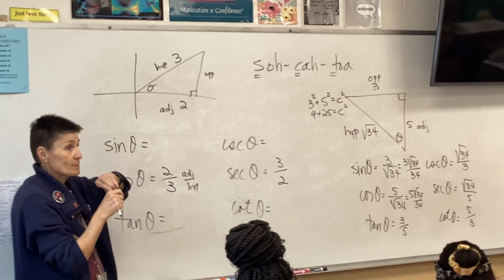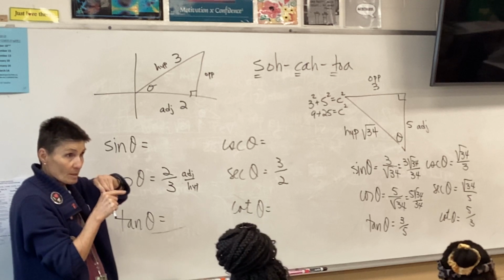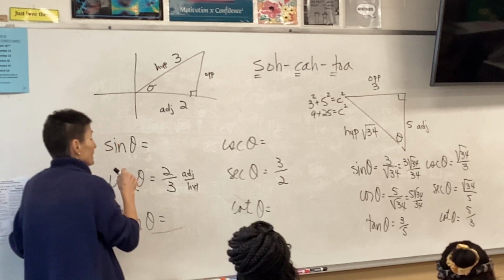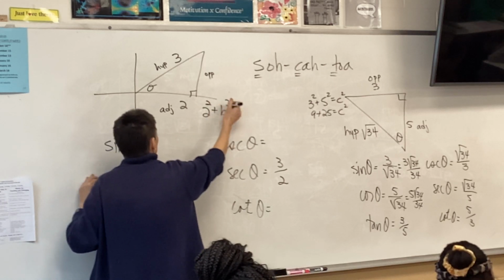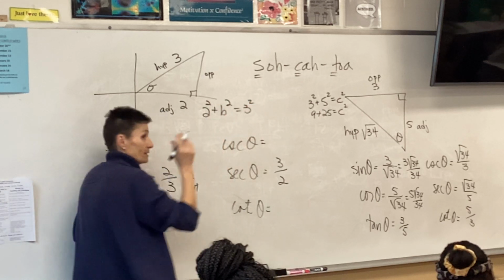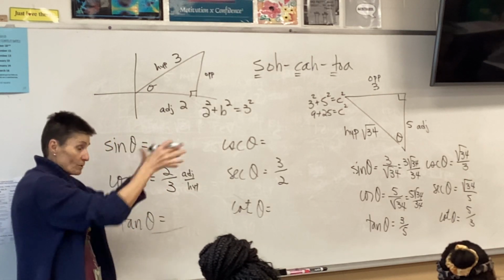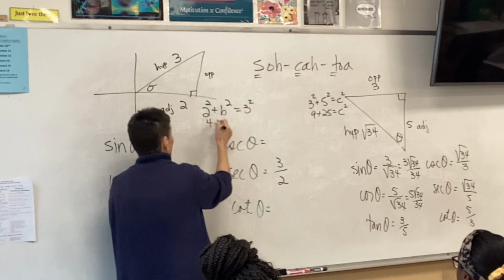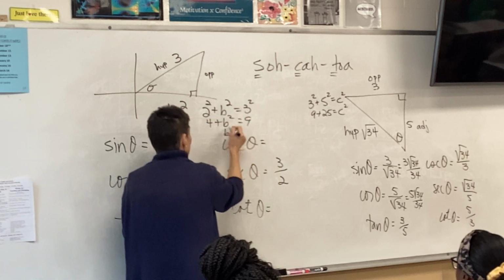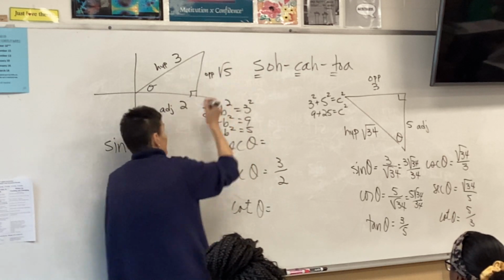To find that third side, we're going to use our Pythagorean theorem, but we're going to set it up right. 2 squared plus b squared equals 3 squared. Is everybody clear on that? 3 squared's over there all by itself. So 4 plus b squared is 9, b squared is 5. So my opposite side, I think, is the square root of 5.